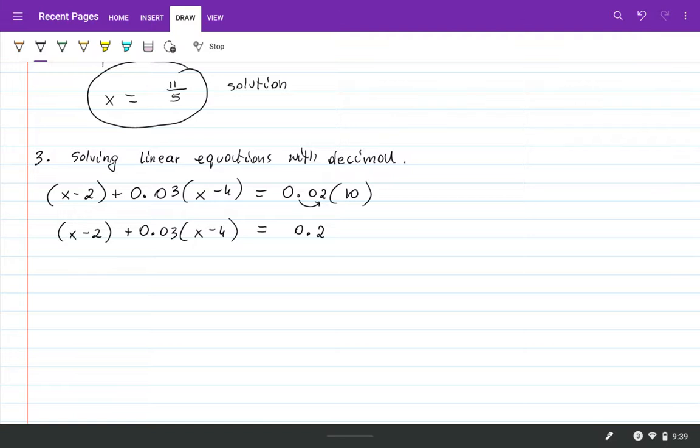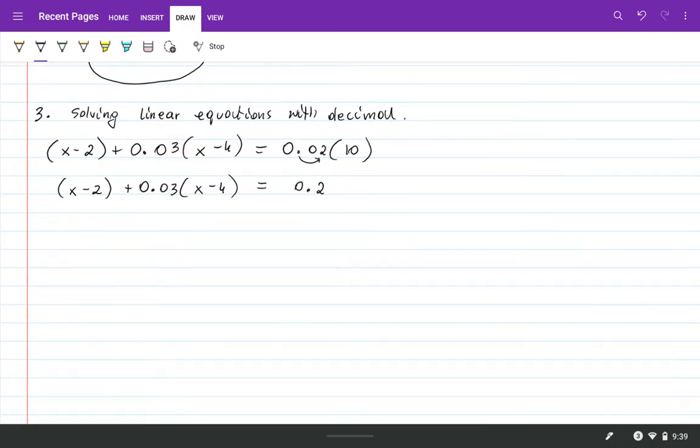Okay, so we have decimals. You can convert those decimals into fractions if you want to, because 0.03 is just 3 over 100, because we have two numbers after the decimal. And 0.2 is just 2 over 10, because we only have one number after the decimal. So 2 is in the tenths place.